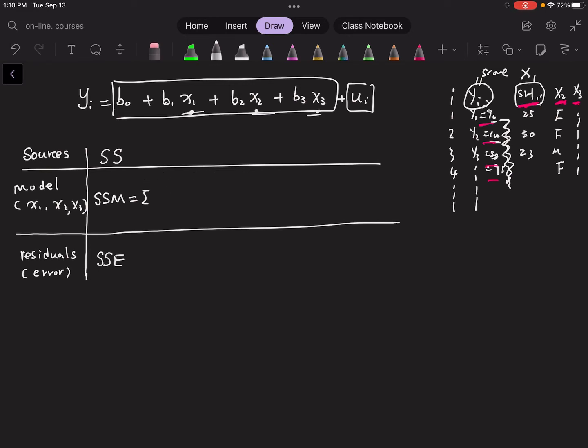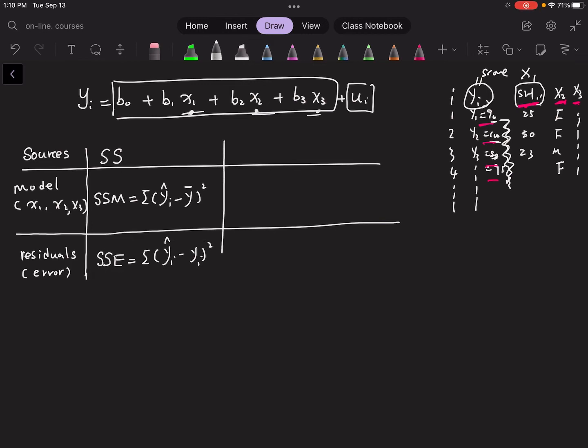Sum of squared predicted value of y minus average of y. And the sum of squared error is the sum of squared differences between the predicted value of y and the observed value of y. So you have the data, you can easily solve for the variation in y explained by the model and the variation in y explained by the error.